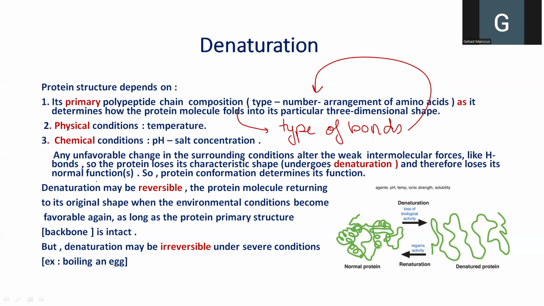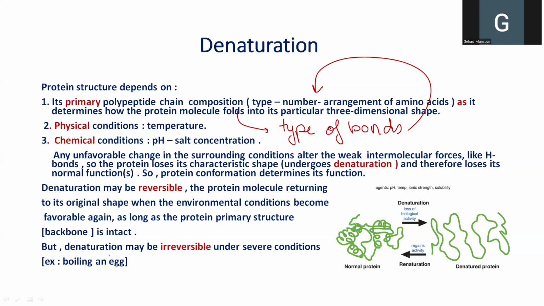So any unfavorable change will alter the intermolecular forces, for example, hydrogen bonds may be broken down, which results in a change in conformation and folding of the protein. And this is what we call denaturation. If the protein is denatured, then this results in loss of function of the protein.